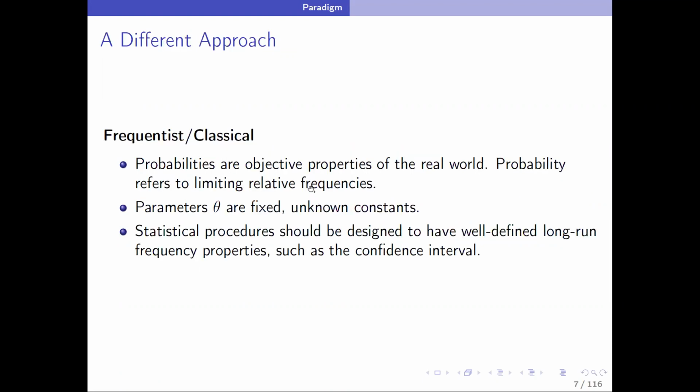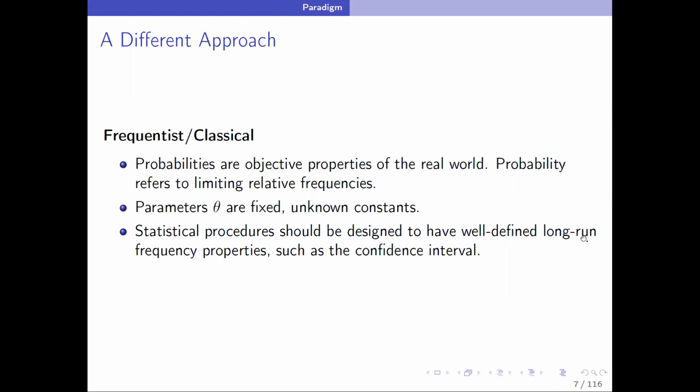On the other side, there is a different approach that many people are familiar with, the frequentist classical approach, where probability is believed to be relative frequency: how long you run your experiment, how long you throw your dice. The parameter itself is fixed, and the statistical procedure should be designed to have well-defined long-run frequency properties, such as a confidence interval.